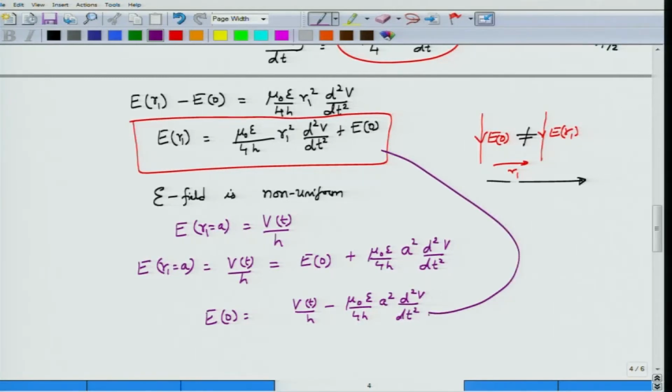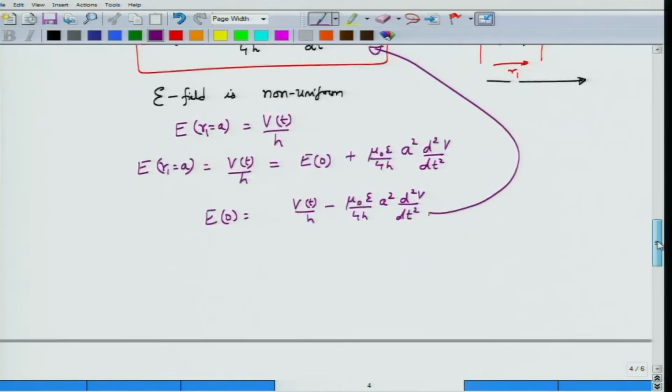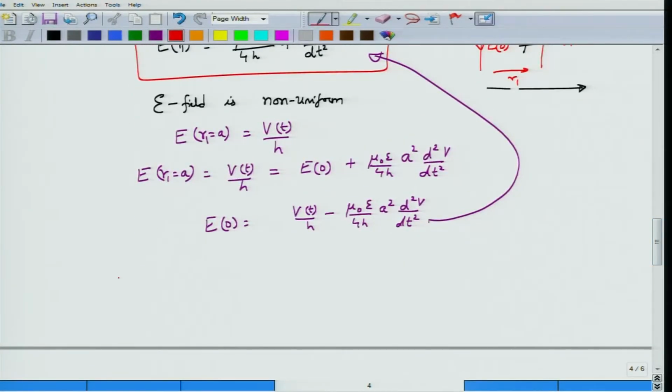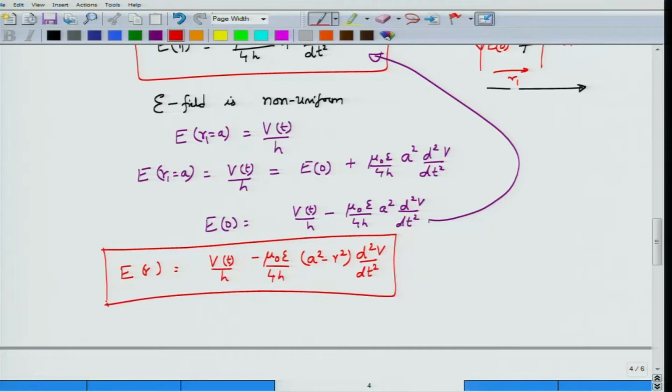You can substitute that into this expression to obtain the electric field E at any distance r along the capacitor, in the direction that we have shown, equal to V of t by h minus, and then I will have A square minus r square, times d square V by dt square. This is the electric field at any distance r from the center of the capacitor plate.